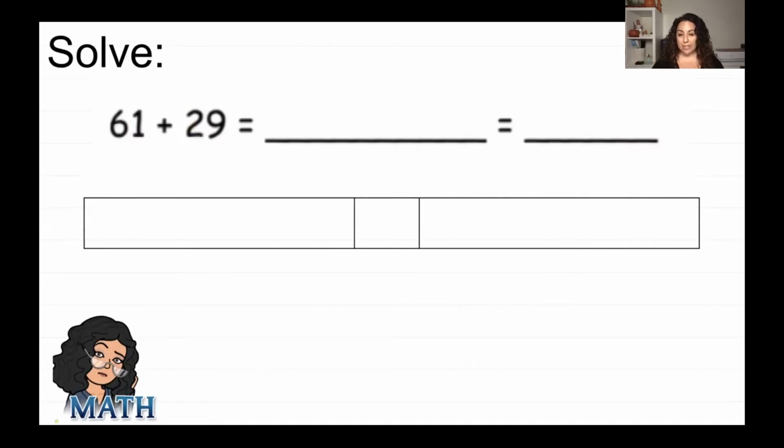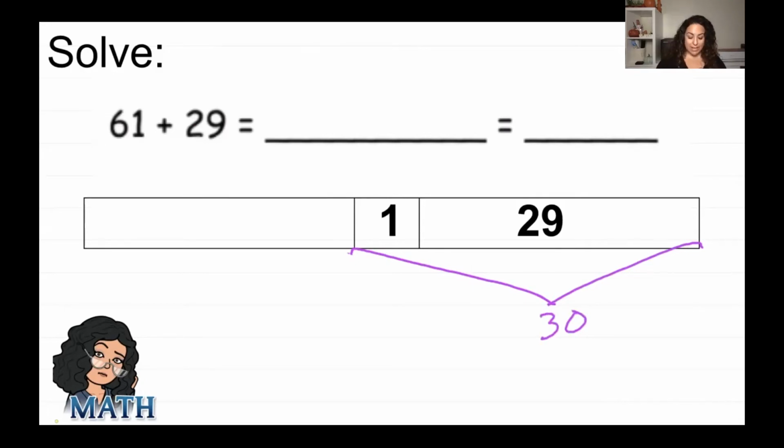So there it is, 29. And how many more do I need to make that a friendly number? 29, 30. So there's our 1. So let's go ahead and make that 30, just like that. So what's left?